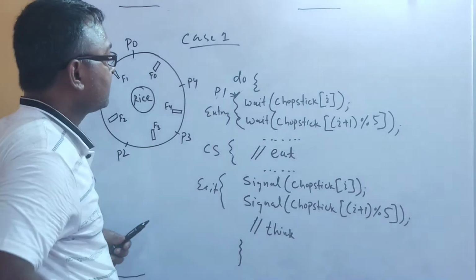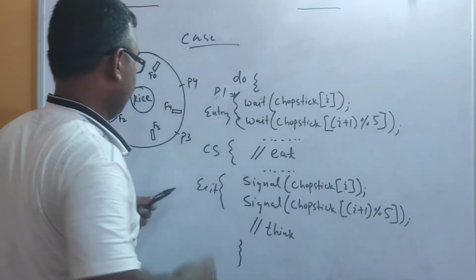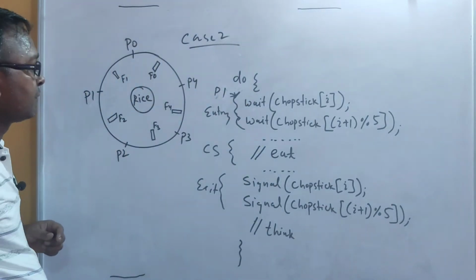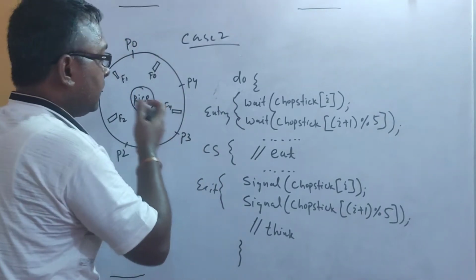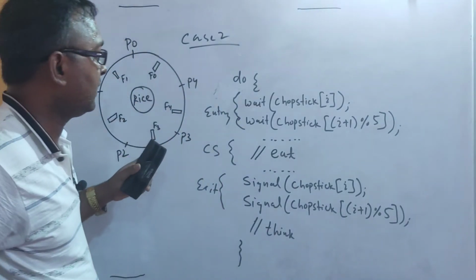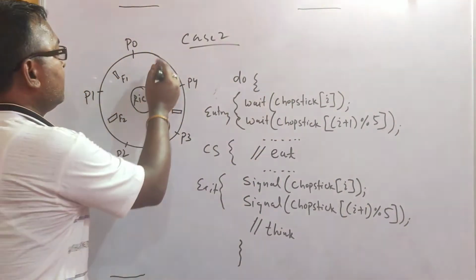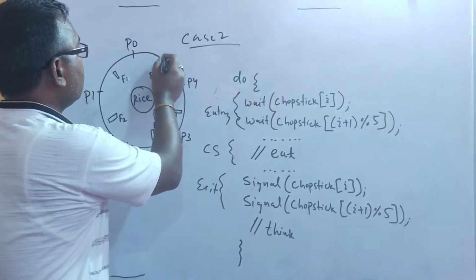Case number 2, let us discuss the case number 2. Just try to understand. For the 5 chopsticks we will be giving the semaphore values.